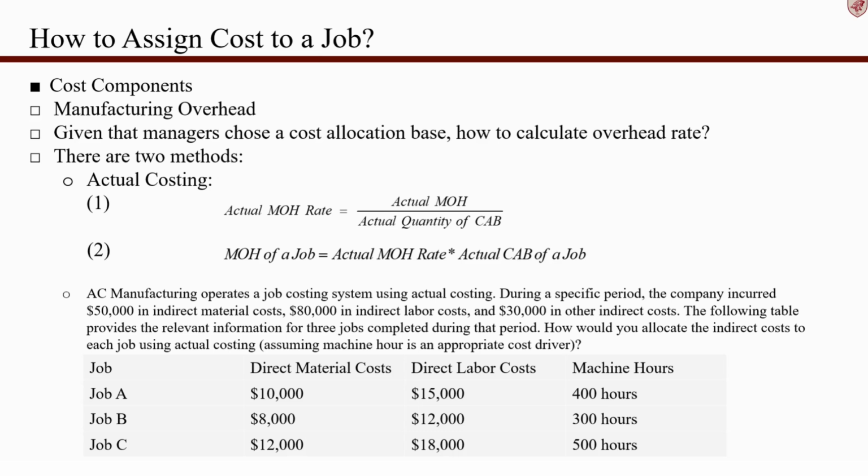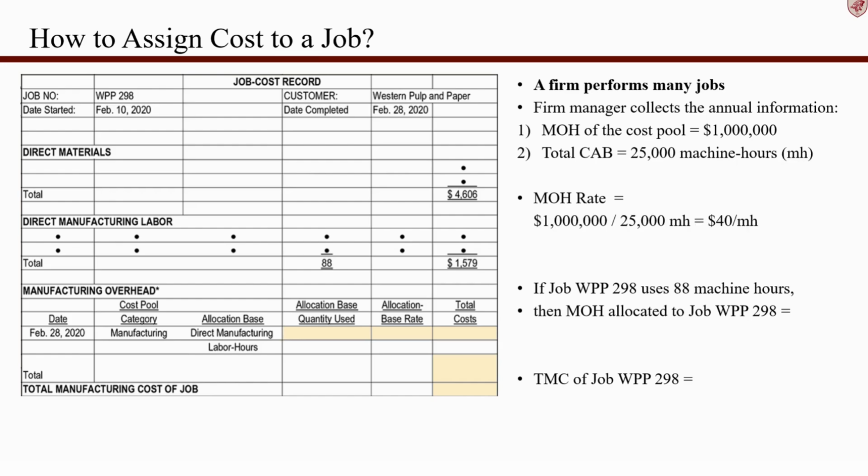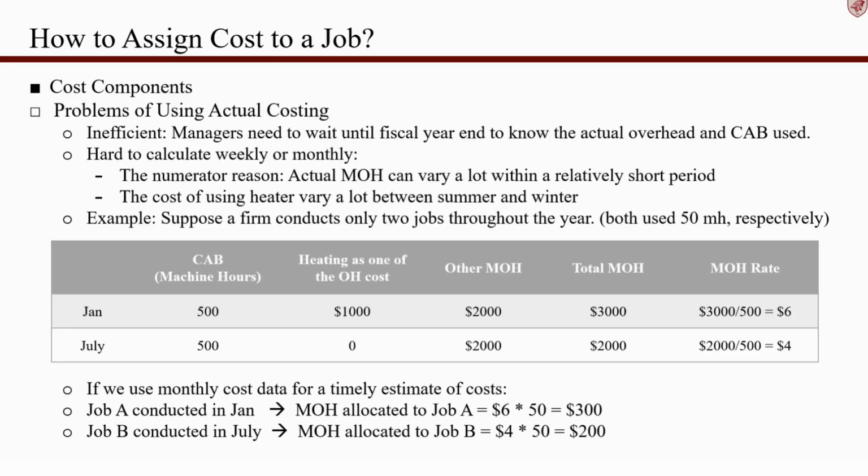job. So it looked quite straightforward, but you need to keep in mind that there are some problems associated with actual costing, which is that it is time inefficient. Managers have to wait until the fiscal year end to know both the numerator and denominator, right?